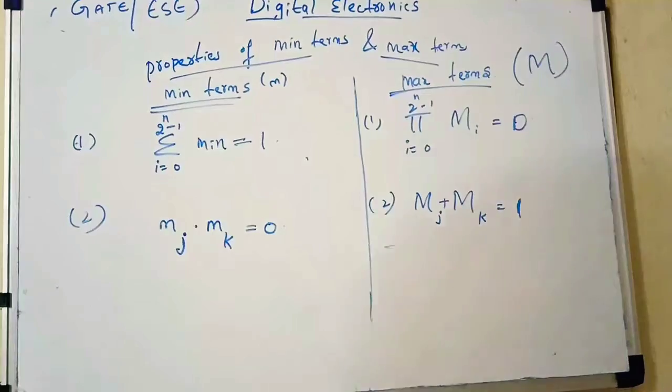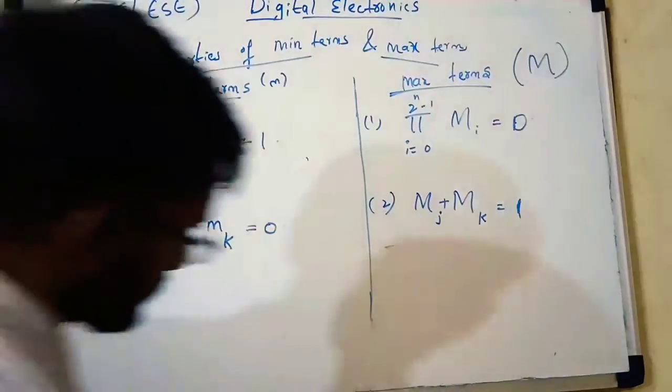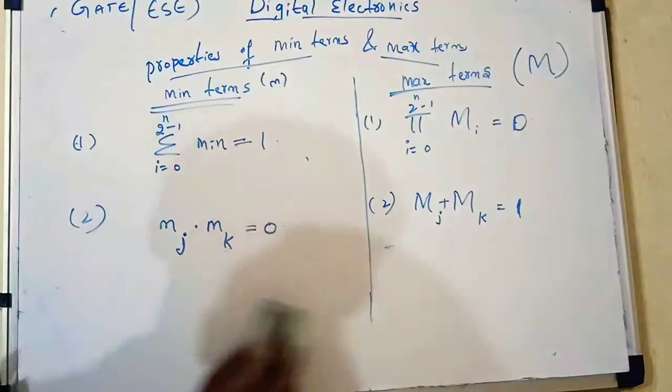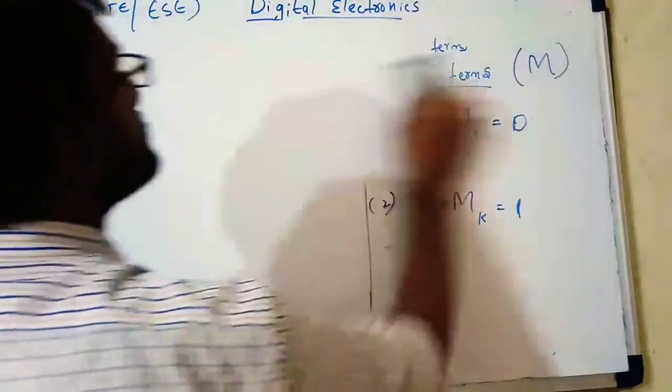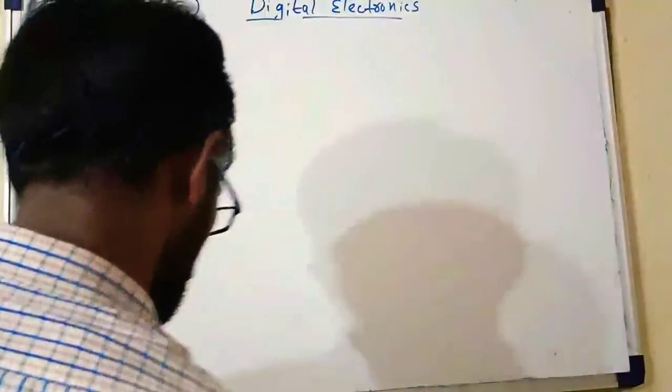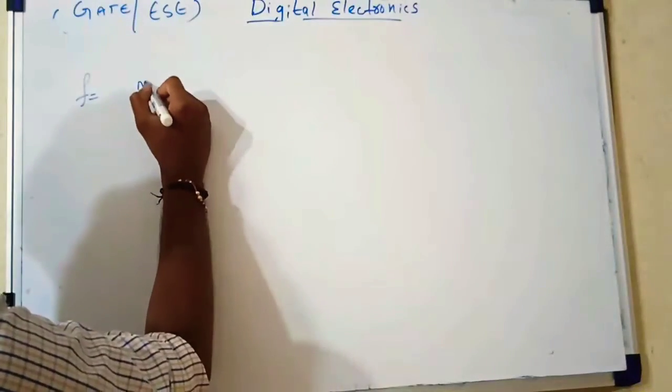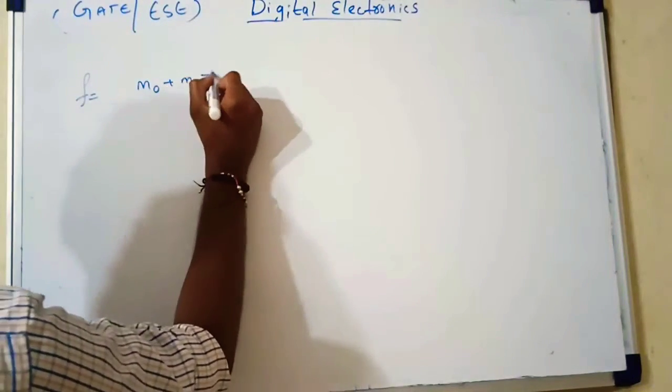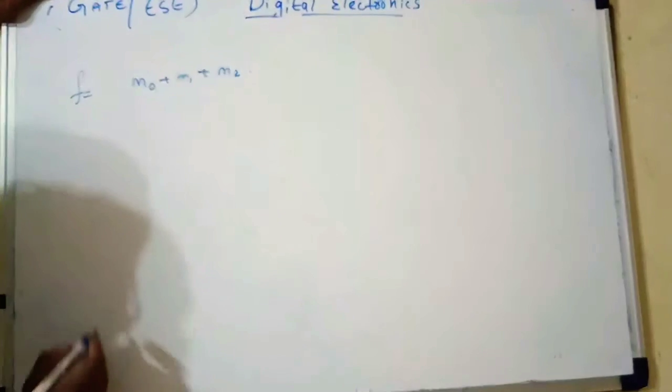Now let us see some more. Here I am taking a function as f equal to m0 plus m1 plus m2. Here this small m represents the minterm.